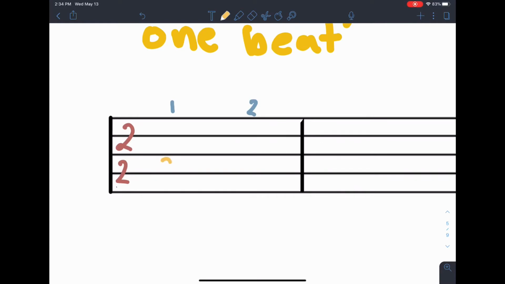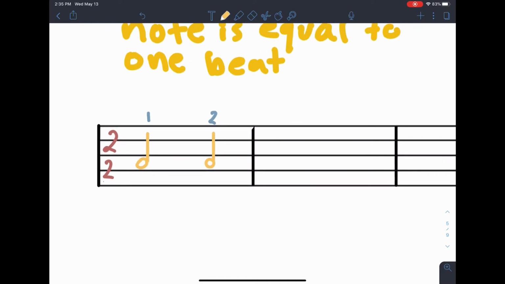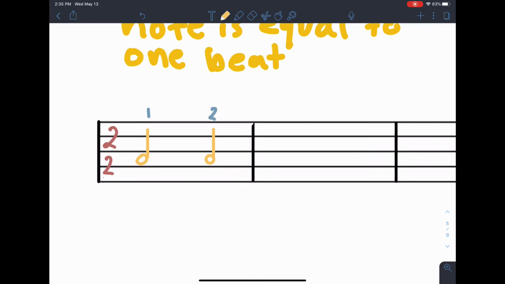So let's draw in our 2 half notes. We have 1 half note here and 1 half note here. That means within this bar we can fit 2 half notes. 2/2 means that there are 2 beats in a bar and each half note gets 1 beat. That means we can add no more than 2 half notes to this bar.